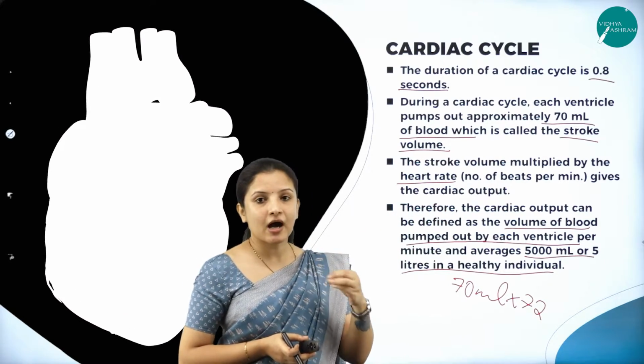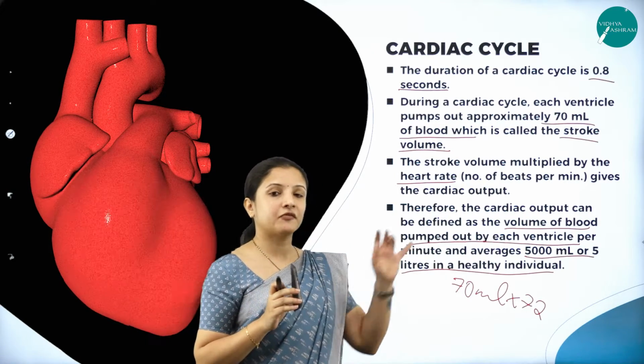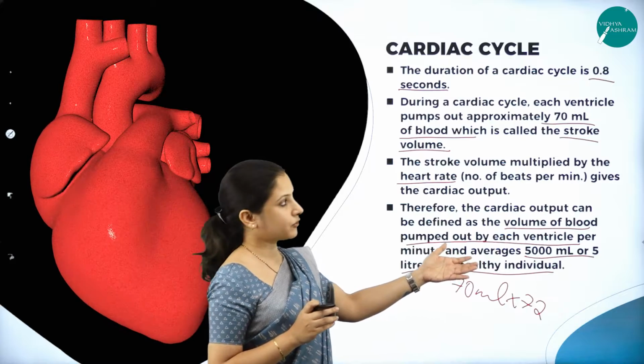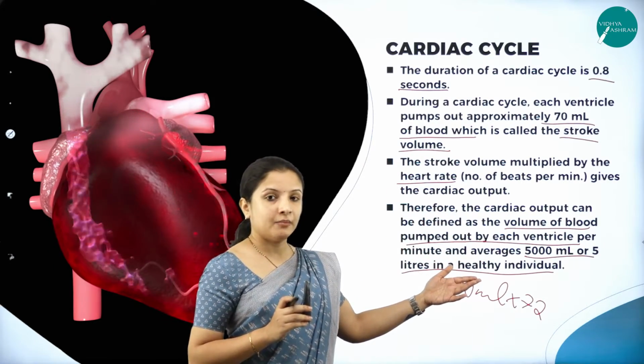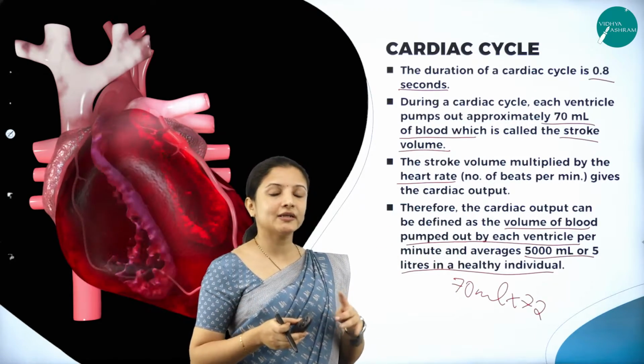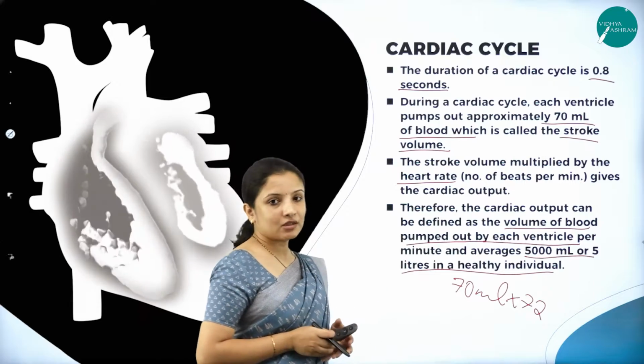So each time the heart beats, it is 70 ml, but 72 beats put together is somewhere around 5000 ml or 5 liters. So this is about the cardiac cycle.